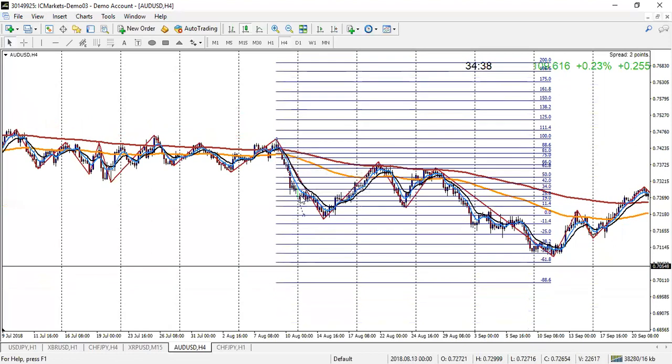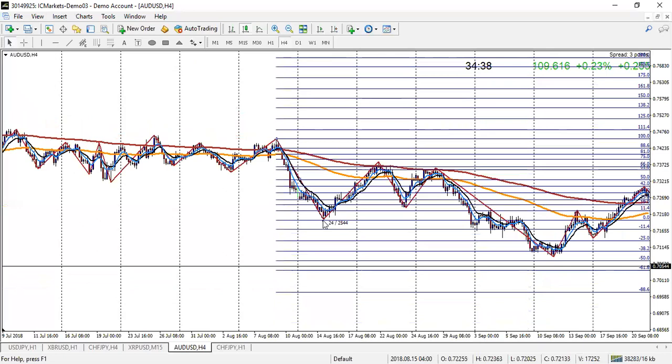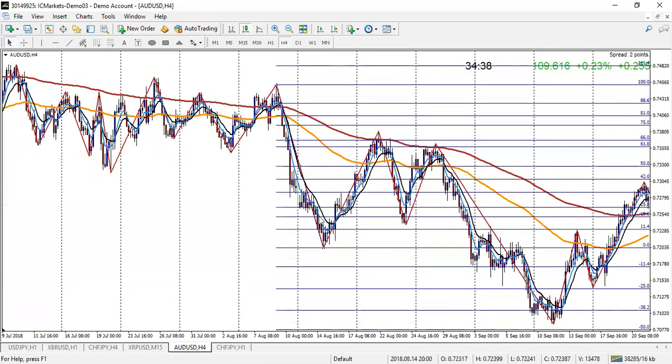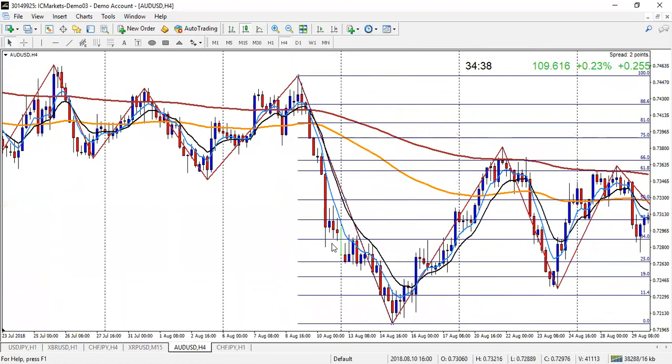These are my Fibonacci settings, and the reason I've added these extra numbers is that I've found out the Fibonacci creates resistance and support zones for us, and I'm going to show you what those zones are.